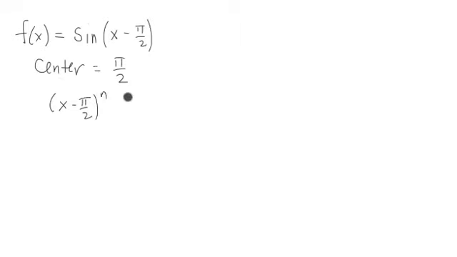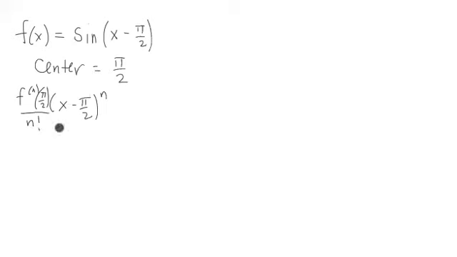Okay, now there is more than one way to do this, but in this example, we're going to see how to do this using the idea that the nth coefficient, or the coefficient of this particular term, is formed as the nth derivative with the center plugged in all over n factorial.